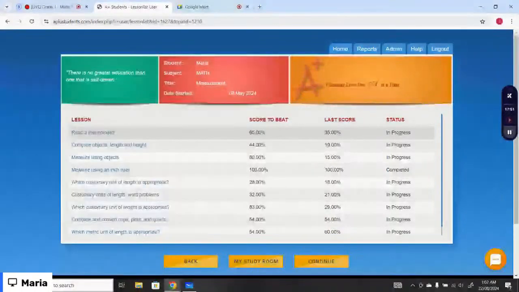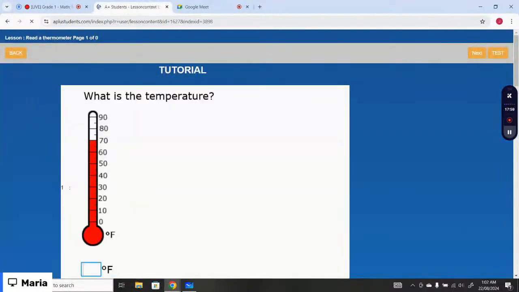The chapter we are on right now is measurement. Let's start with the first lesson, that is read a thermometer.